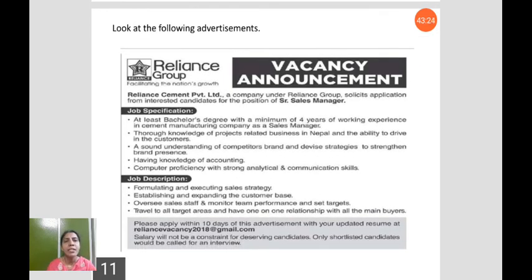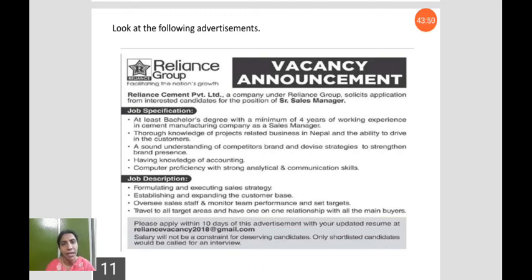Now this I have found on the net, issued by the Reliance Group. This is one advertisement for sales manager, senior sales manager. See the job specifications, what is required for the job. A bachelor's degree, any bachelor's, no specific degree.